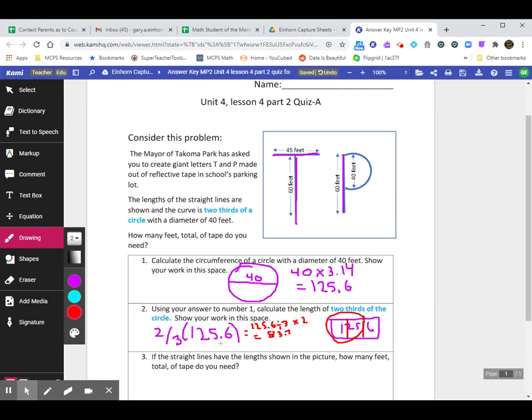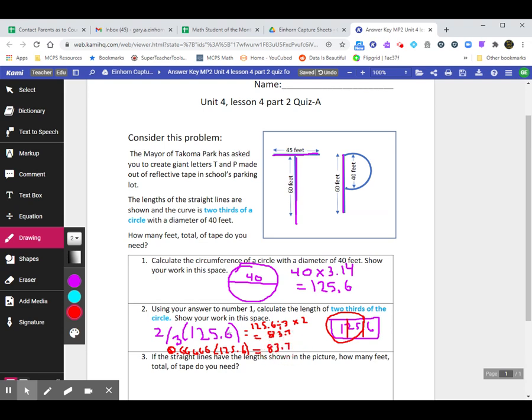Or another way to do it, we could take that 2/3 and make it into a decimal, which is 0.66666, repeating. If you prefer doing it the decimal way, just turn that into a decimal: 0.66666, as many sixes as I can fit into my calculator, times 125.6, and I get 83.7.